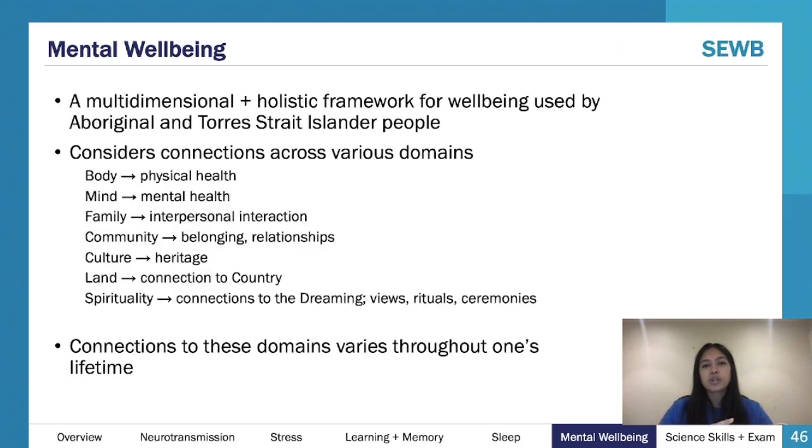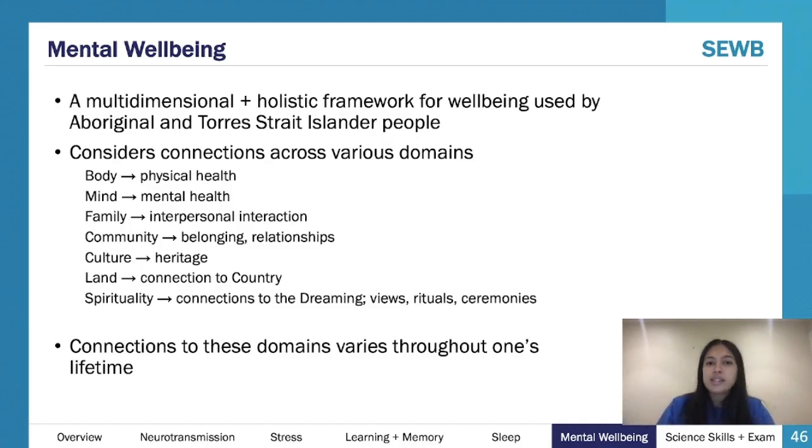Okay, so in terms of our social and emotional well-being, this is referring to a specific framework. And again, we're thinking about this idea of things being holistic. So holistic is this idea of looking at someone as a whole rather than specific facets of a person's life. So yeah, this idea of looking at the individual person, the characteristics of this individual person, the environment that they're in, and that sort of thing.